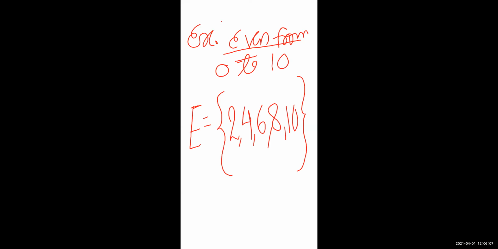So here we got the even numbers: 2, 4, 6, 8, 10. This is the set that we wrote in the listing method. Here we made the list. So this one is an easy one, to write down the list.